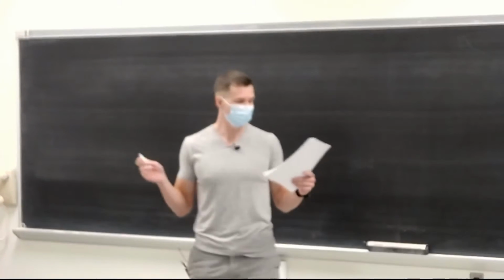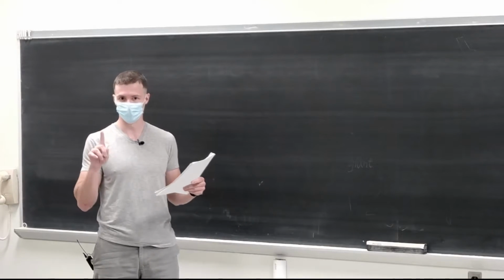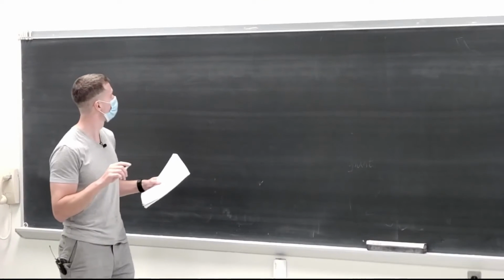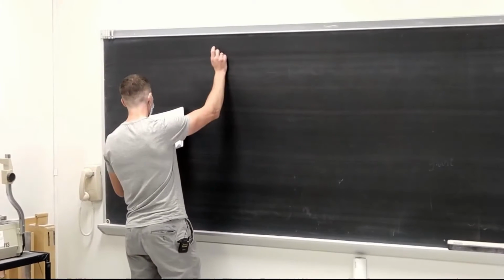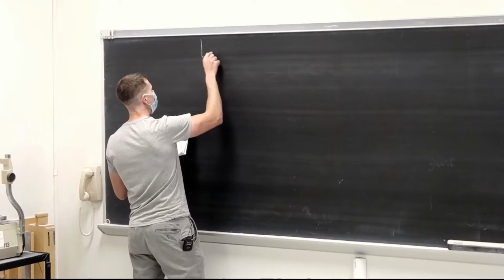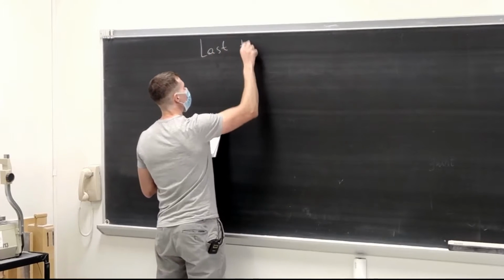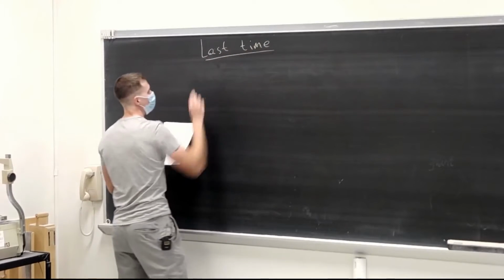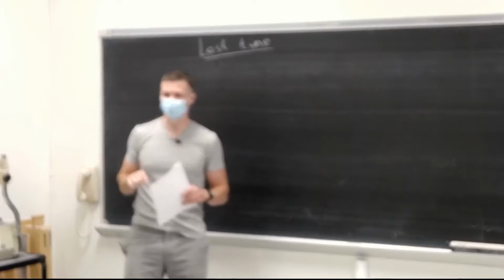So yeah, let's start, everybody, and let me continue what we did last time, and I'm gonna briefly finish this topic. So last time I was talking about volumes of zonotopes.